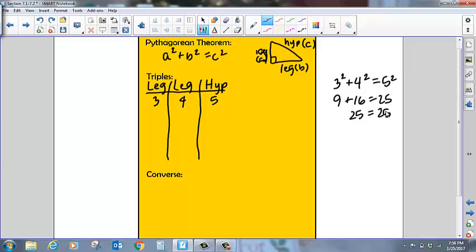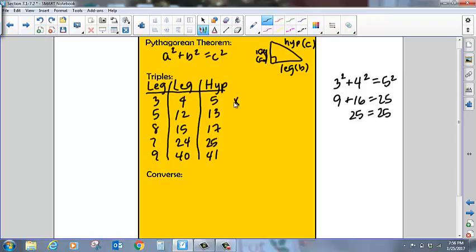Okay? So the next set is a 5, 12, 13. Then we have an 8, 15, 17, 7, 24, 25, and then a 9, 40, 41. There are other Pythagorean triples, but these are usually the ones that you'll see in this class.